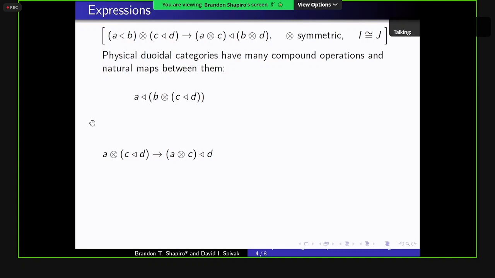But in this case, we have a really nice visual way of seeing how these work, because we can use the example of posets and treat these variables A, B, C, D as singleton posets. So you can build a poset like this from the expression on the left.